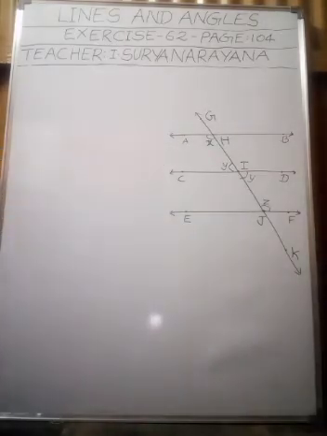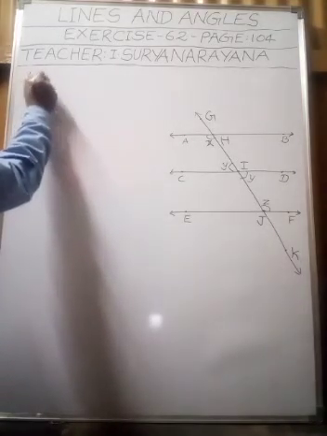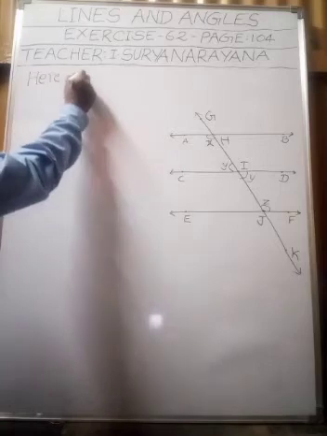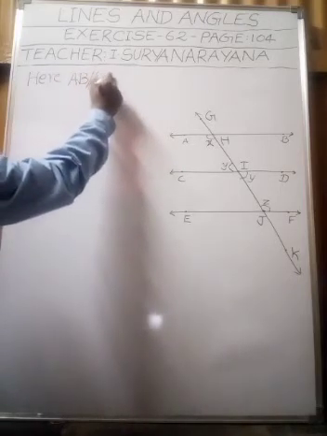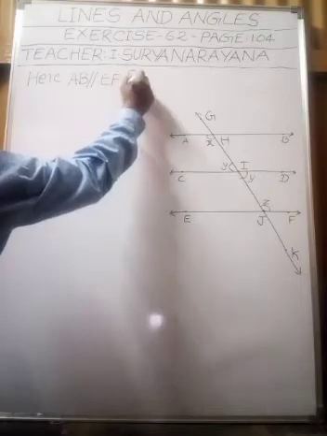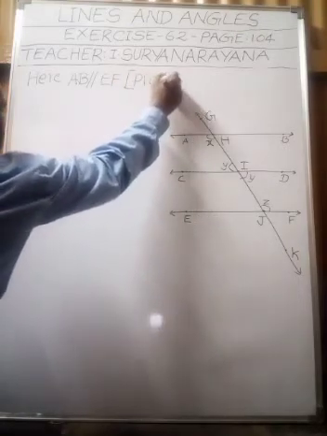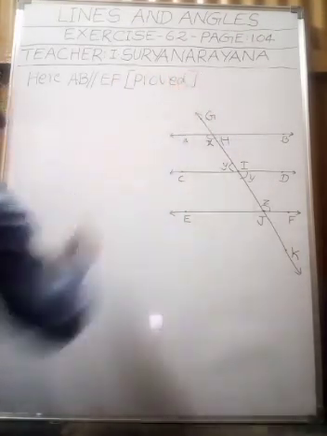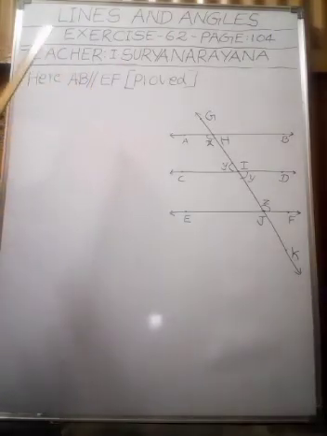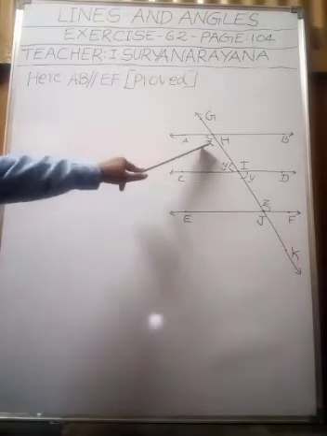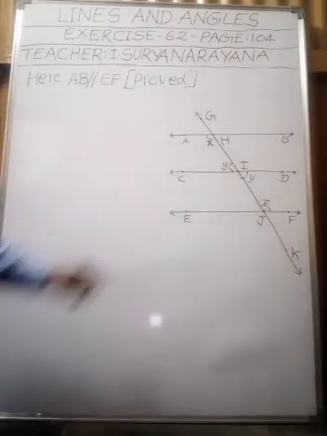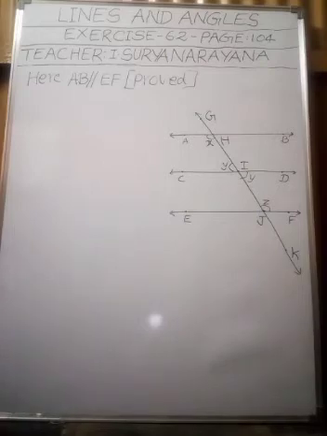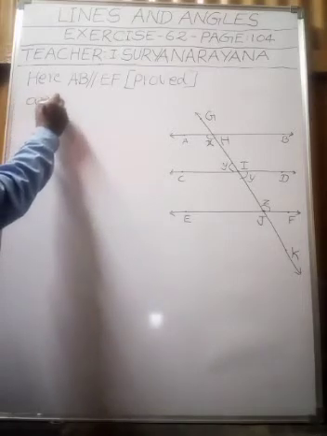Here, AB is parallel to EF. Okay, my children? Right.